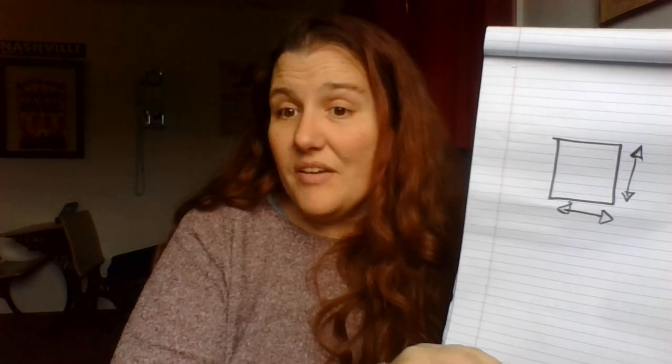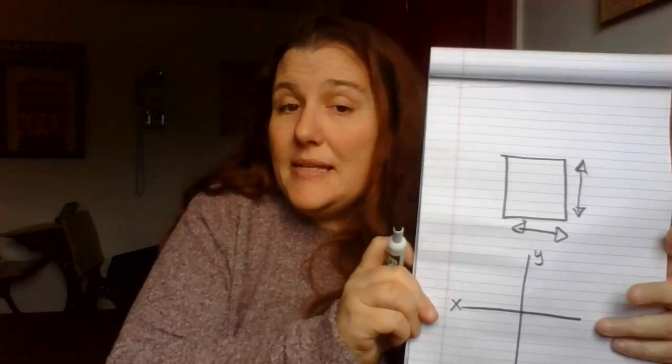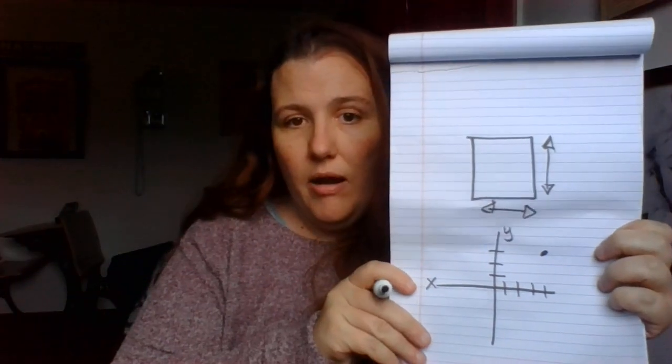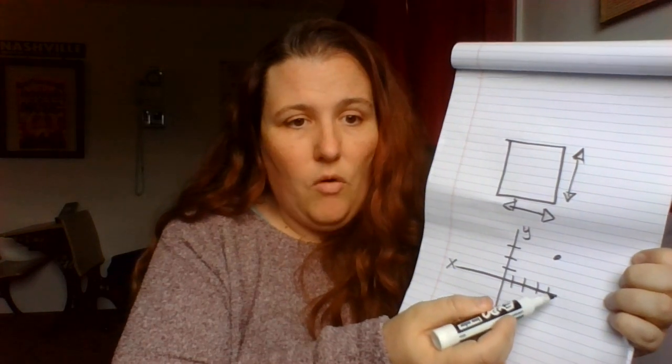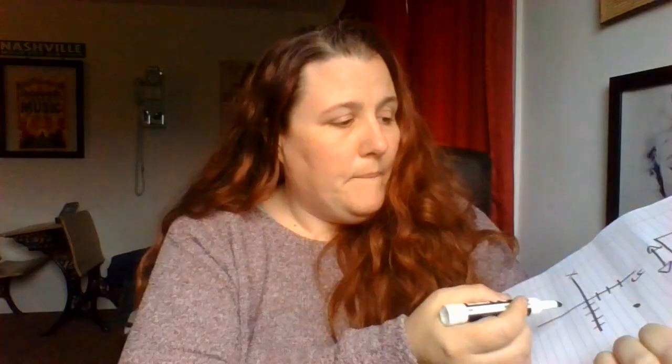So if you have ever seen the X and Y axis, that's basically what this is trying to depict. So I might have those same ticks that I had on a number line, and I'll put a dot right there, and I would explain that as being 3 over and 3 up.